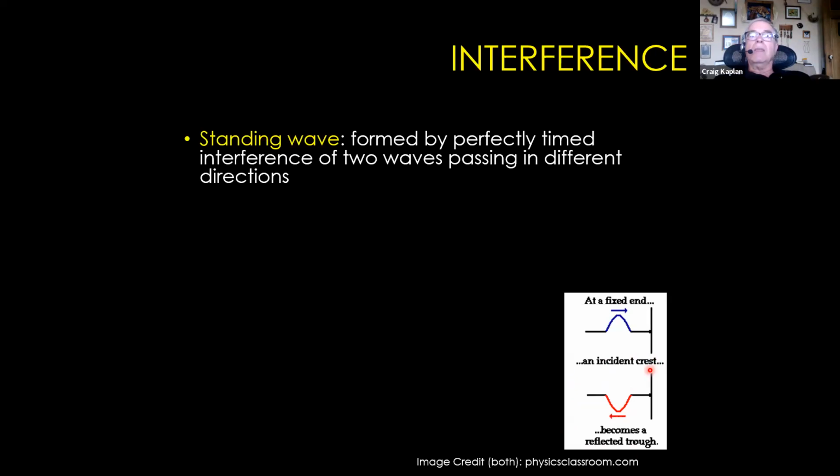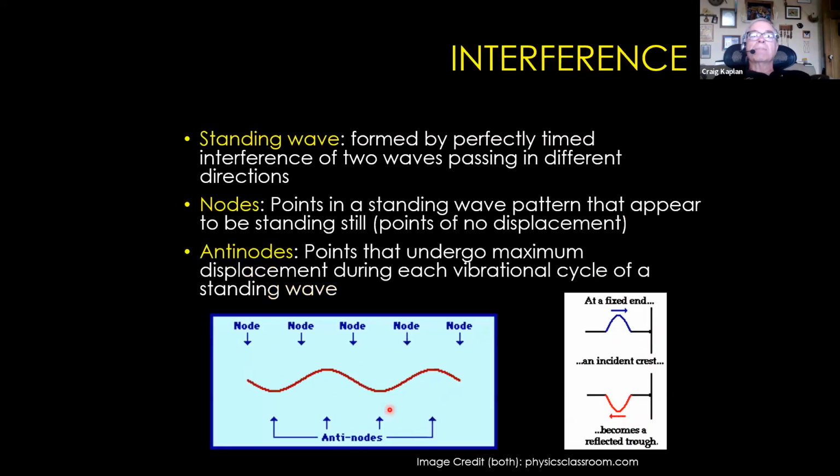This wave is going in this direction, this wave is going in this direction, and if this wave is emitted here and keeps bouncing back and forth, eventually it becomes a standing wave that represents the superimposition of these two waves. And this is an example of a standing wave.